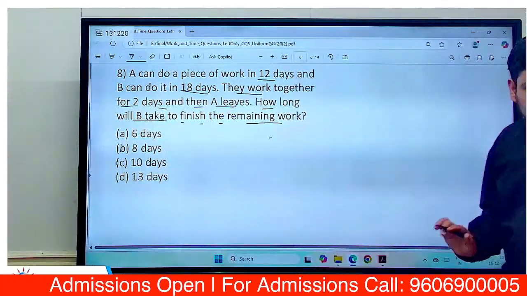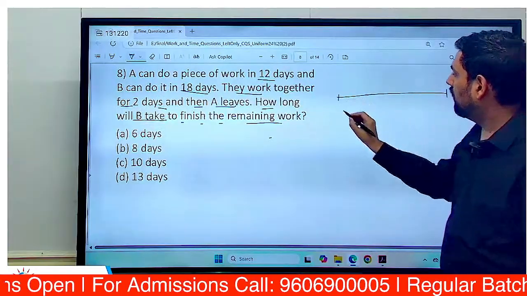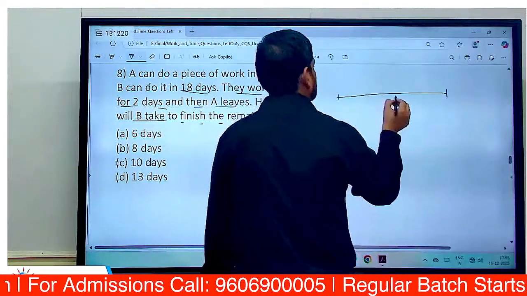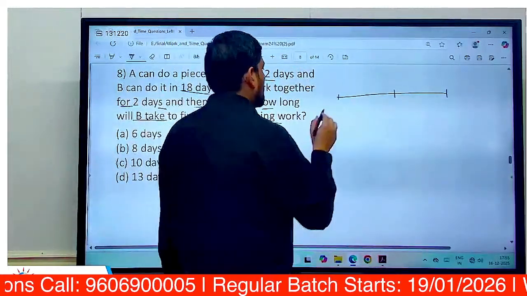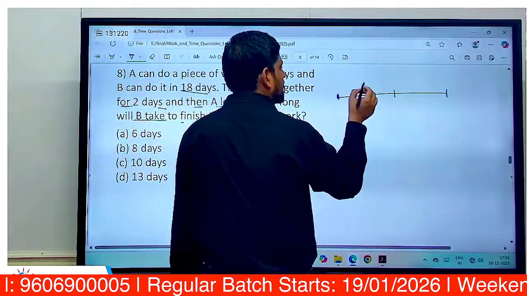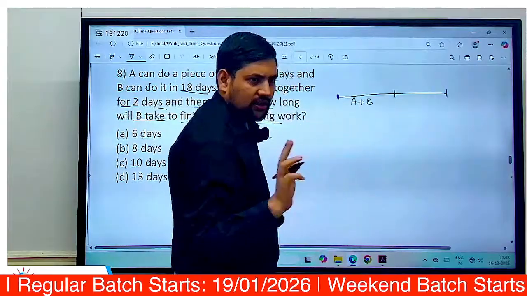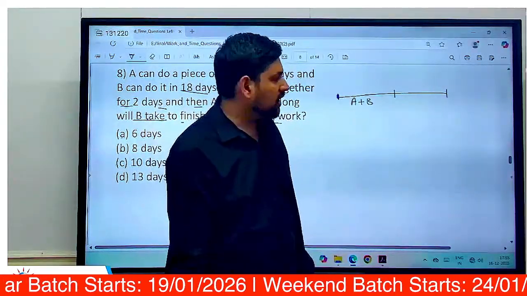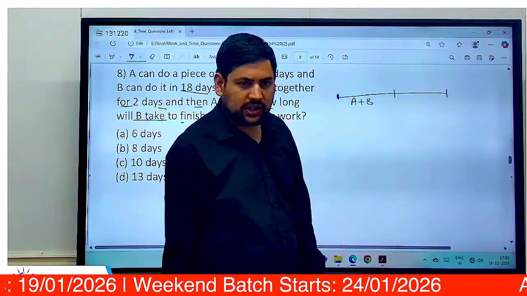So basically, I draw a very simple timeline like this. Now the entire work can be divided into 2 parts. One is when A and B are working together. Now, as I told you at the start, A and B always represent only efficiency, nothing else.